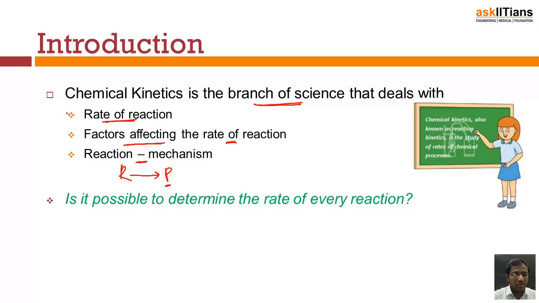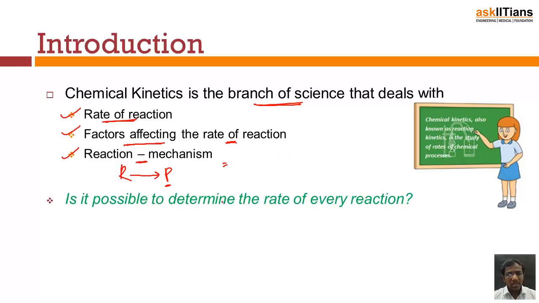So it is going to give information about all these things, and it also explains what is the amount of the products formed and what is the amount of the reactants consumed during a time interval, and what are the factors that need to be controlled in order to get the maximum yield of the product, which is important for industrial applications. So all these things can be explained by chemical kinetics.